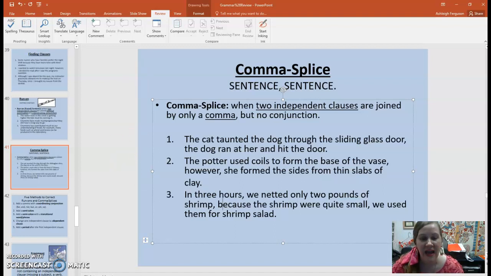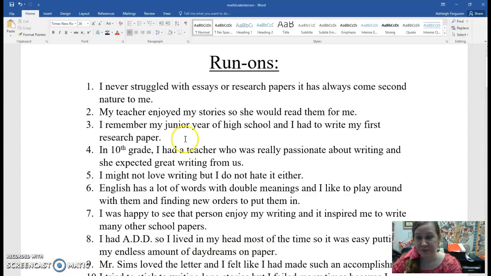Now, I want you to get a chance to practice with finding run-ons and comma splices, and I have for you right here essentially a whole list, 19 different run-ons that my students have made this semester. So this is 4 classes worth of students' run-ons. Now sadly, this is not all of them. I tried to find similar types so you could get a feel of what run-ons were.